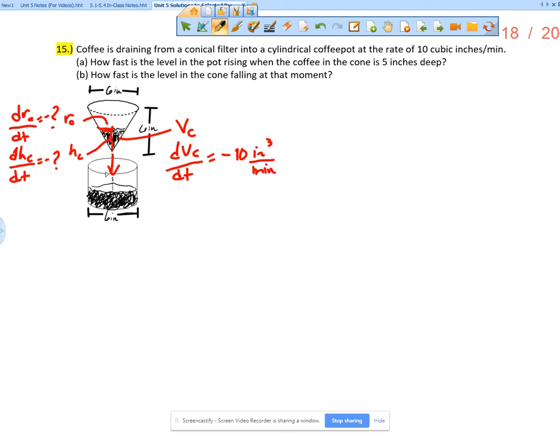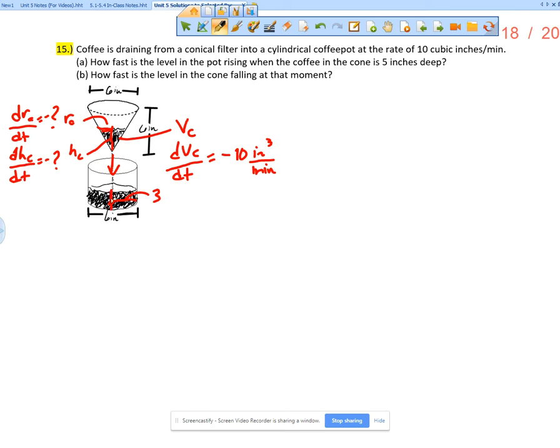Now we have to talk about the pot. The coffee pot is 6 inches in diameter, which means it is 3 inches in radius. The radius is 3 inches all the time. It is not changing. No matter how deep the coffee in the pot is, the radius is always 3, so we do not need to give it a variable.